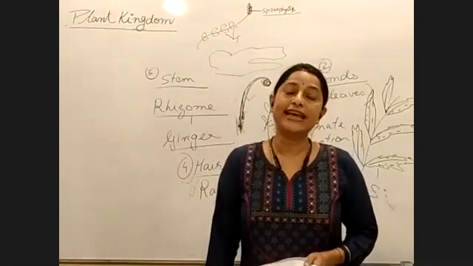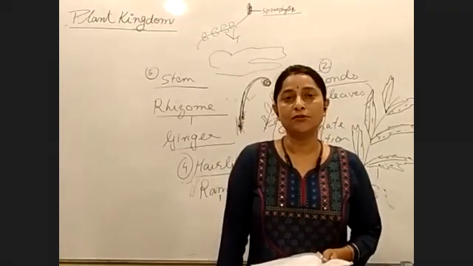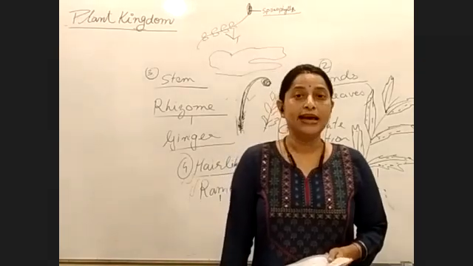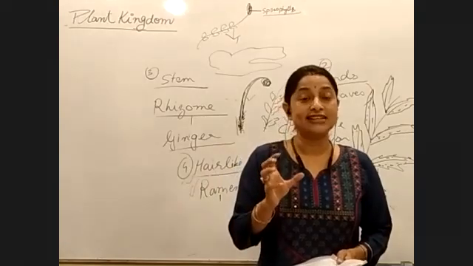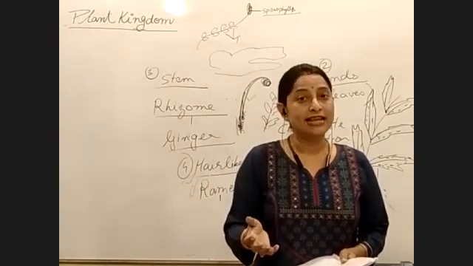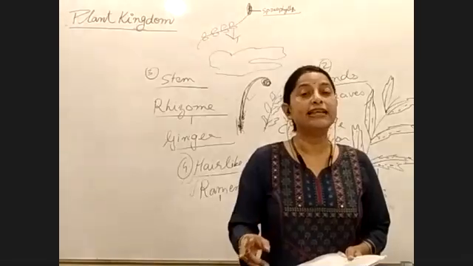Antherozoids are male gametes. Remember, we talked about the male organ called antheridium. The antheridium had a jacket, and inside the jacket you see certain cells that give rise to male gametes, called antherozoids.